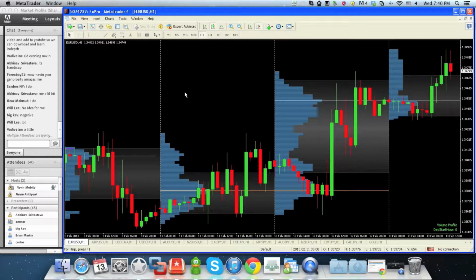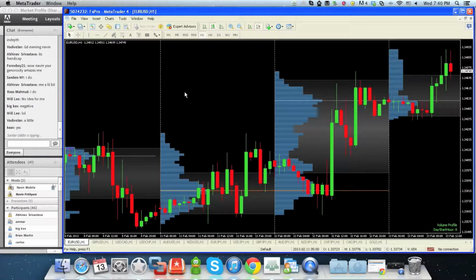We're going to go over this concept a little bit now. Divergence, convergence, confluence is something I learned back in the day. This indicator is called MP.